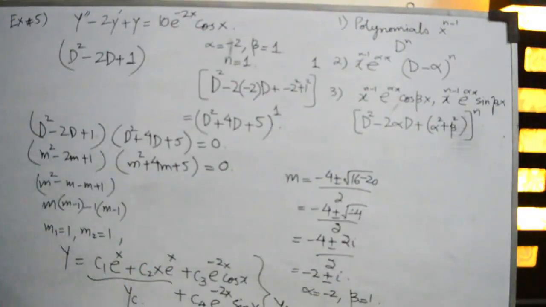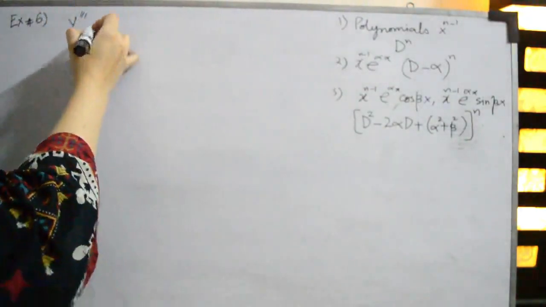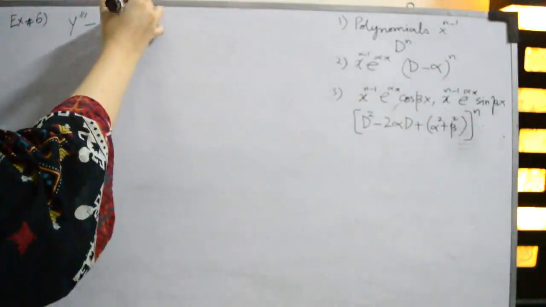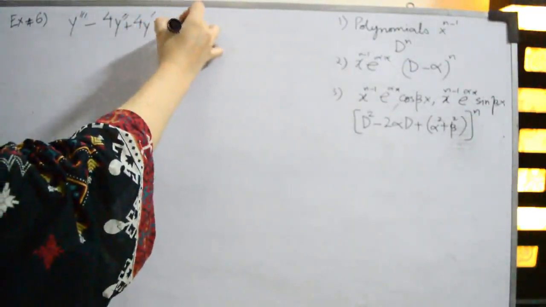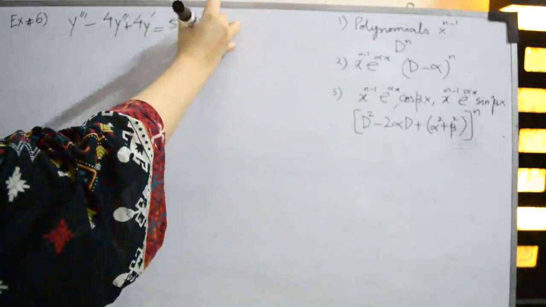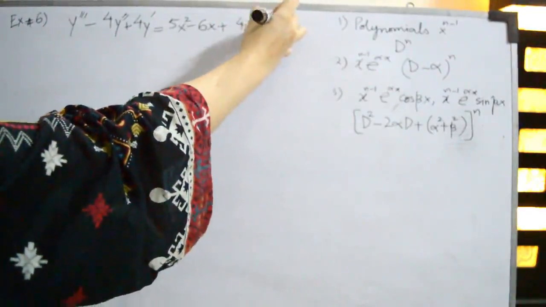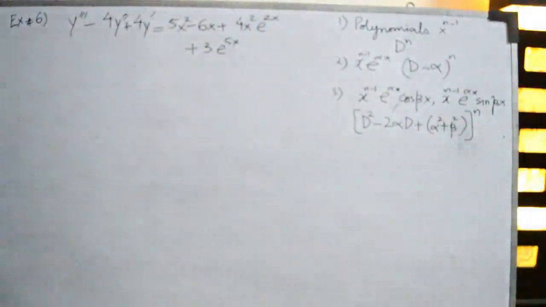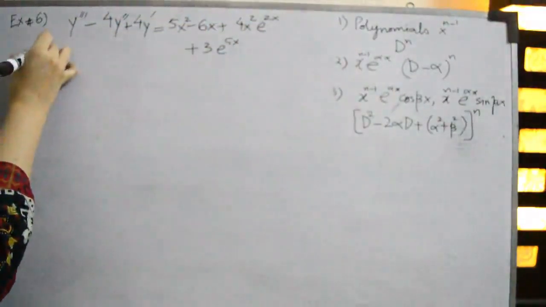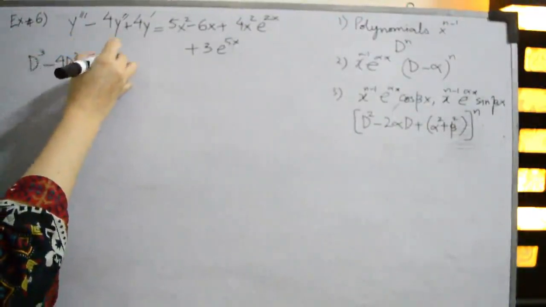Okay, fine. The next example is y third derivative minus 4y double dash plus 4y dash equals 5x square minus 6x plus 4x square e to the power 2x plus 3 e to the power 5x. So basically there are three g of x. First of all, the differential operator is D cube minus 4D square plus 4D.